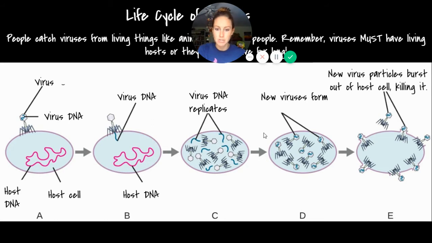And if you look at figure C here, you've got virus DNA replicates, and it also is building virus pieces and parts. You can see that it's got all the little parts now of a bacteriophage. It just doesn't have the DNA inside the bacteriophage yet. In section D, these little viruses have completely taken over the bacterial cell.